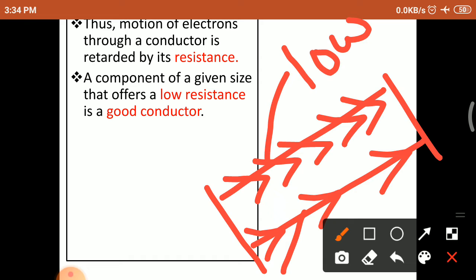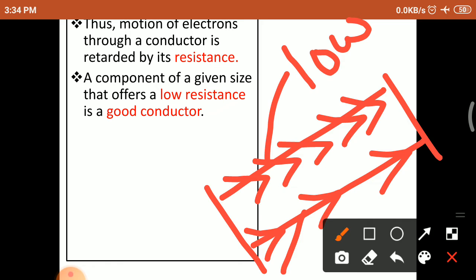Example, if you take a road, if there are more speed breakers, the speed of the vehicle is reduced. If there are fewer speed breakers, the speed of the vehicles is more. So here the resistance is compared to the speed breaker. When the resistance is low, more electrons will move.